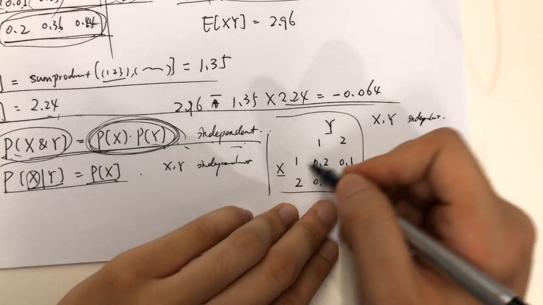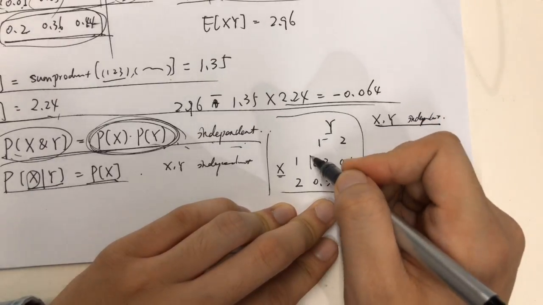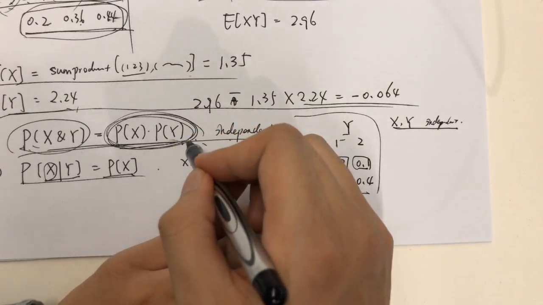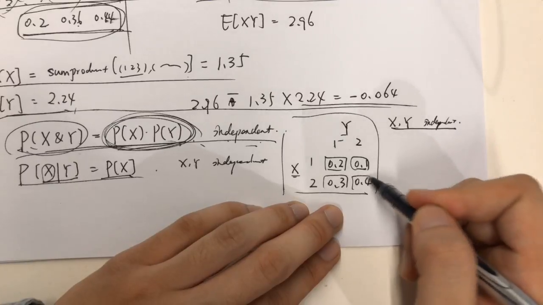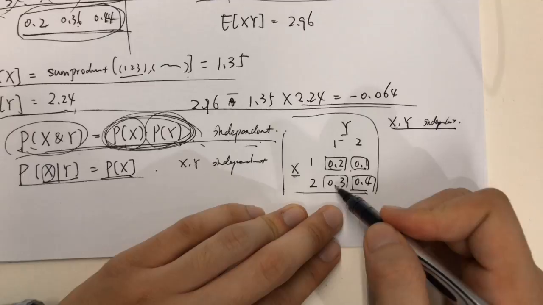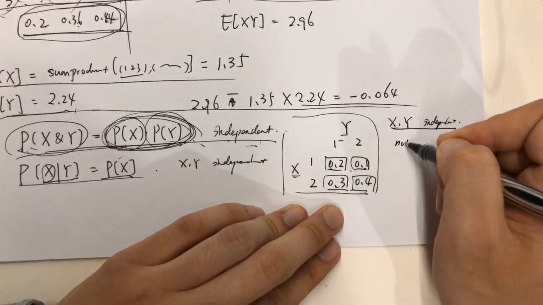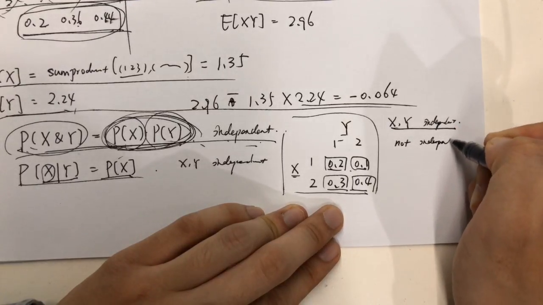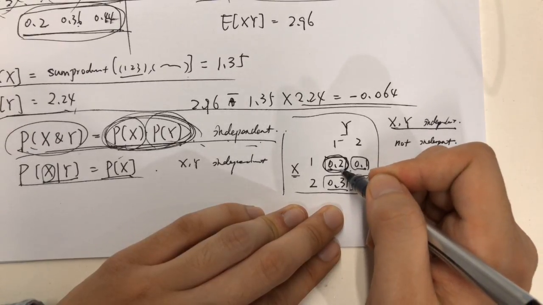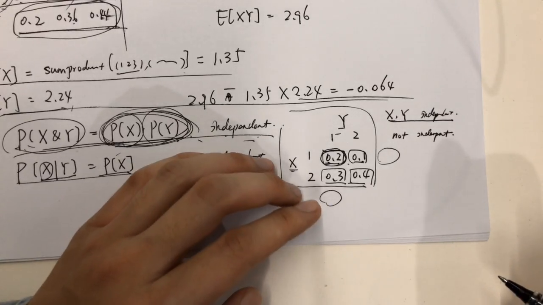If x and y are independent, we need every single one of the joint probabilities to equal the product of their marginal probabilities. You know what I mean? All of them must equal the product of the marginal probabilities. But if we want to show they are not independent, we only need to find at least one joint probability not equal to the product of the marginal probabilities, and then we'll be fine, okay?